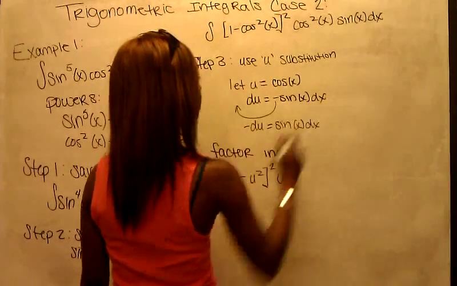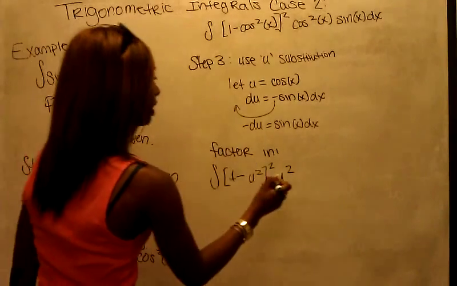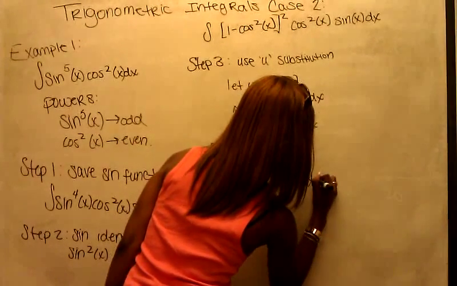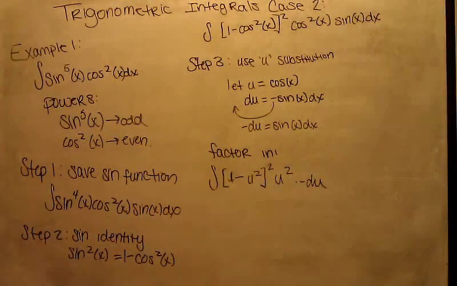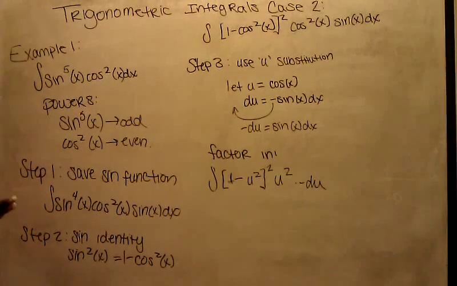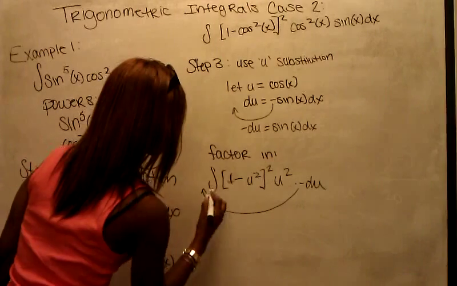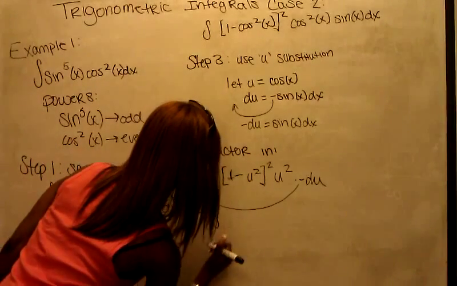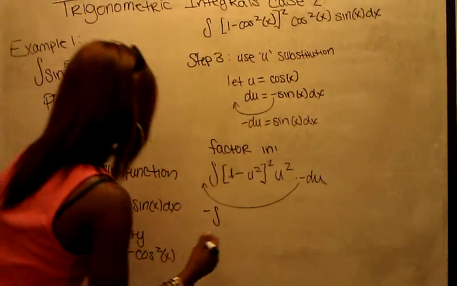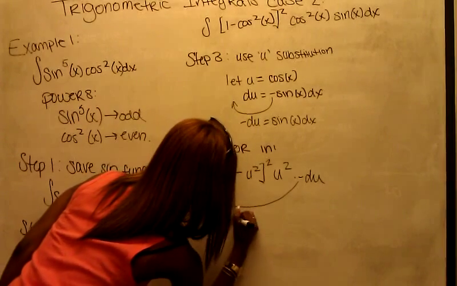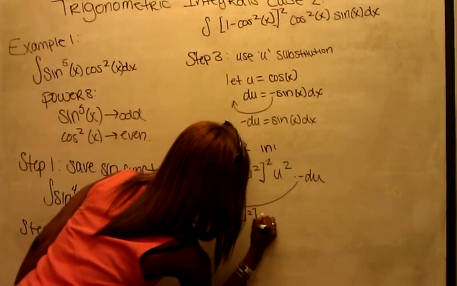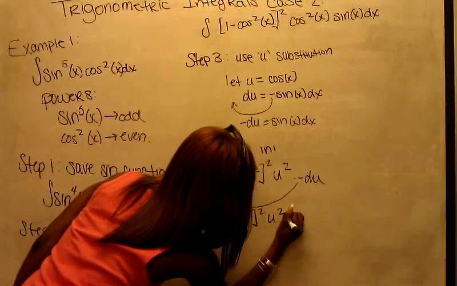And then sine of x dx we have here is negative du. Well, our negative sign is pretty much the same thing as a -1 coefficient. So we already know we can move that on the other side of our integral sign. So we end up with negative 1 times the integral of 1 minus u squared, squared, times u squared.